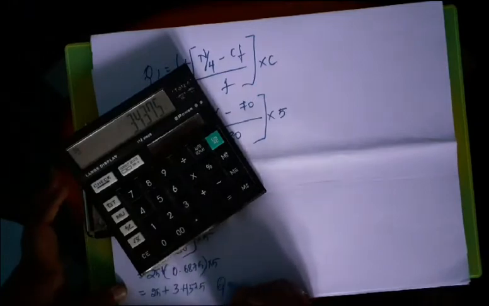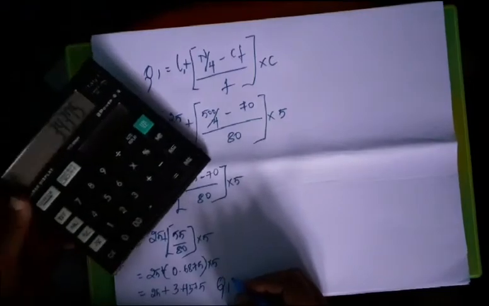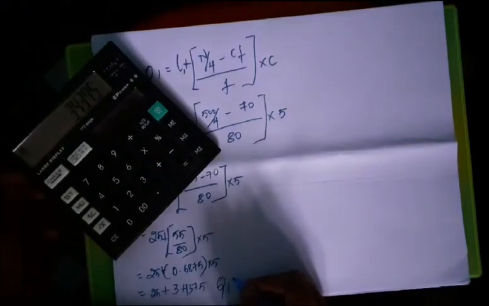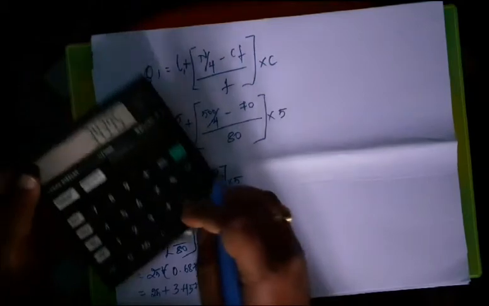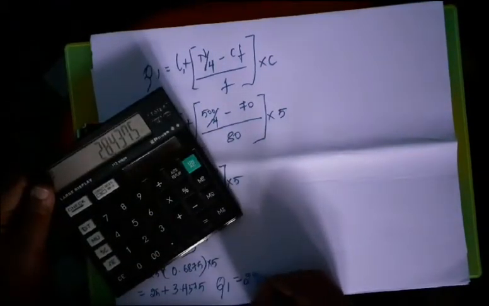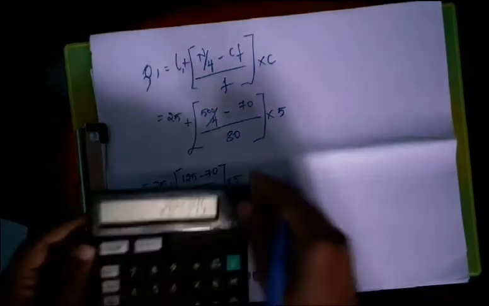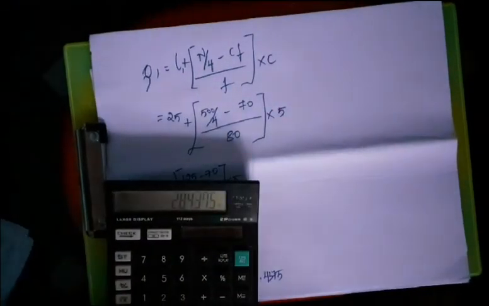So Q1 is 25 plus 3.4375, that is 28.4375.